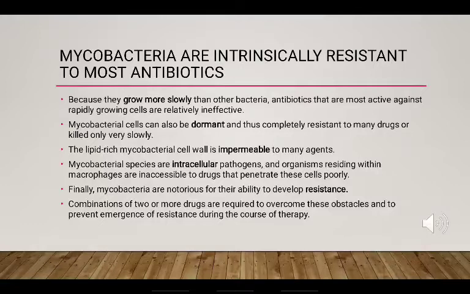The second thing, mycobacterial cells can be dormant. يعني شنو؟ شوفوا لما تكون dormant يعني it's not active، يعني بس مجرد dormant مثل ما قلت. It's not replicating.